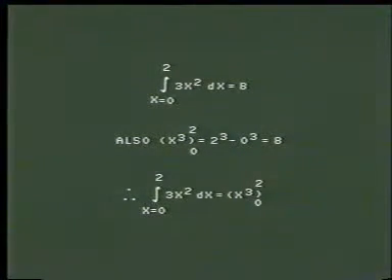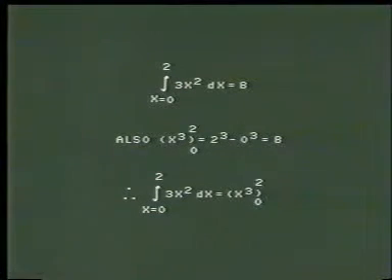Thus we see from the above that if y is equal to x cube and x changes from 0 to 2, then x cube changes from 0 to 8, and the total change in x cube is 8 minus 0, which is equal to 8.